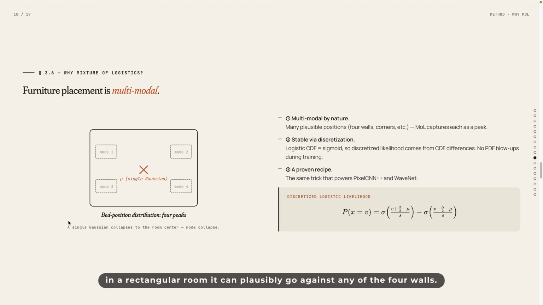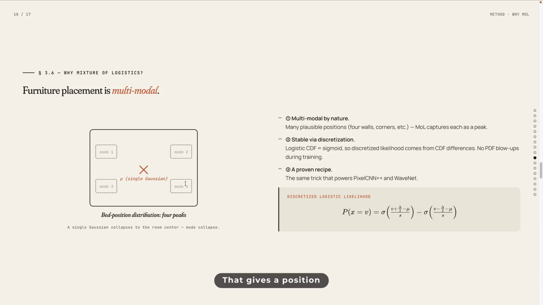It can plausibly go against any of the four walls, which gives a position distribution with four distinct peaks.